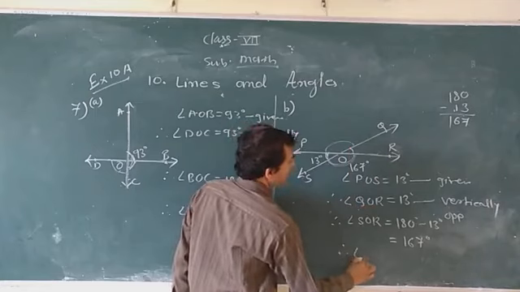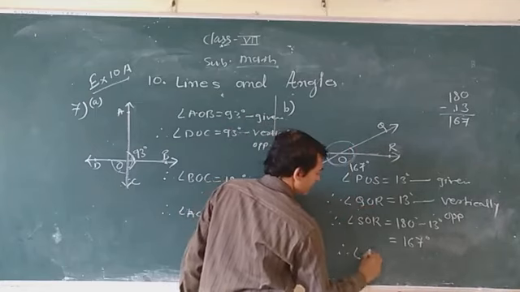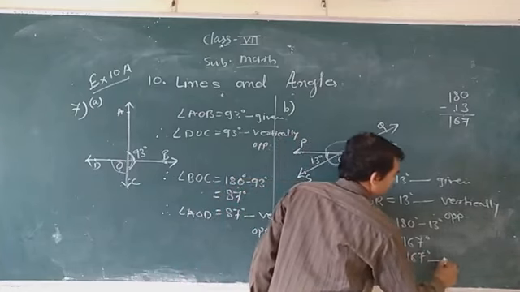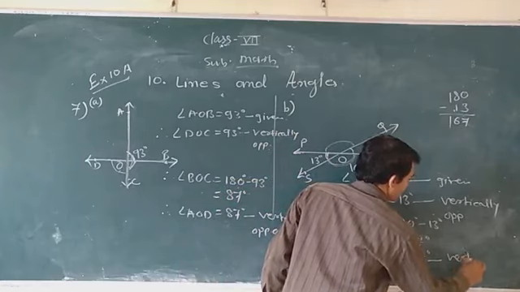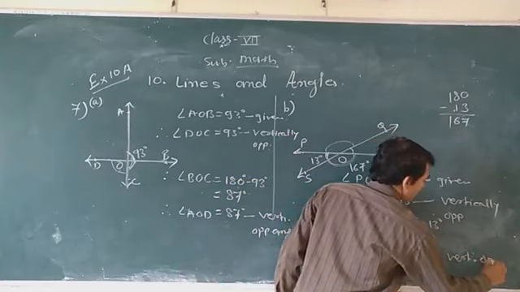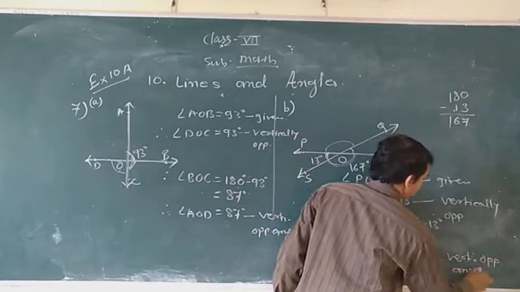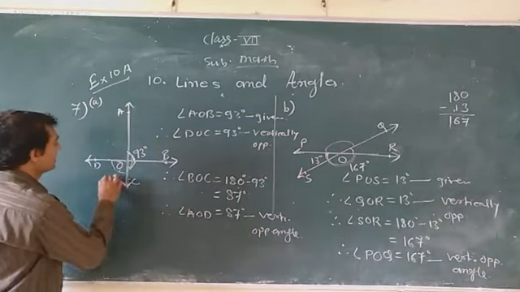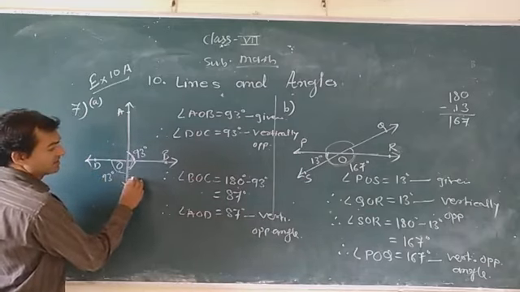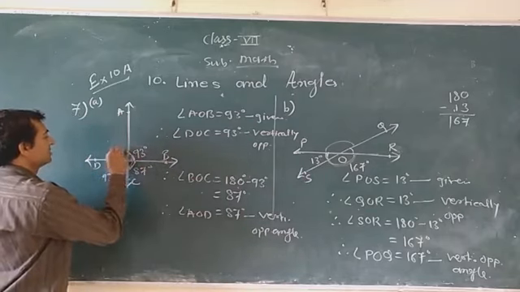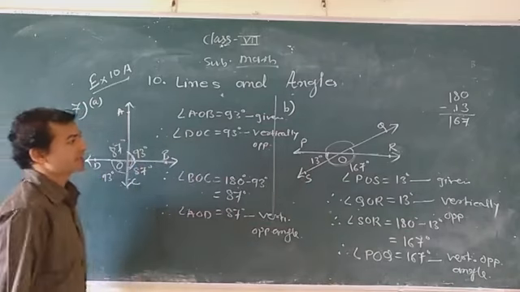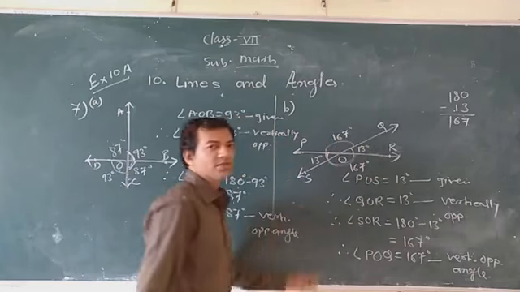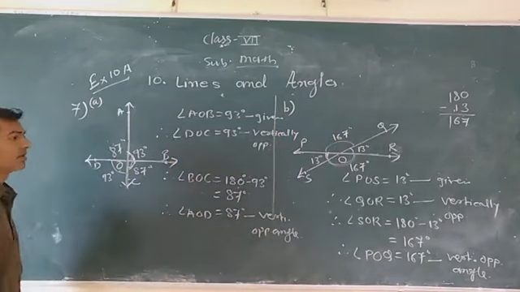So therefore angle POQ is equal to 167 degree, and the reason is vertically opposite angle. Here also you can write 13 degree, 167 degree. Okay, understood? So write down this or take a screenshot.